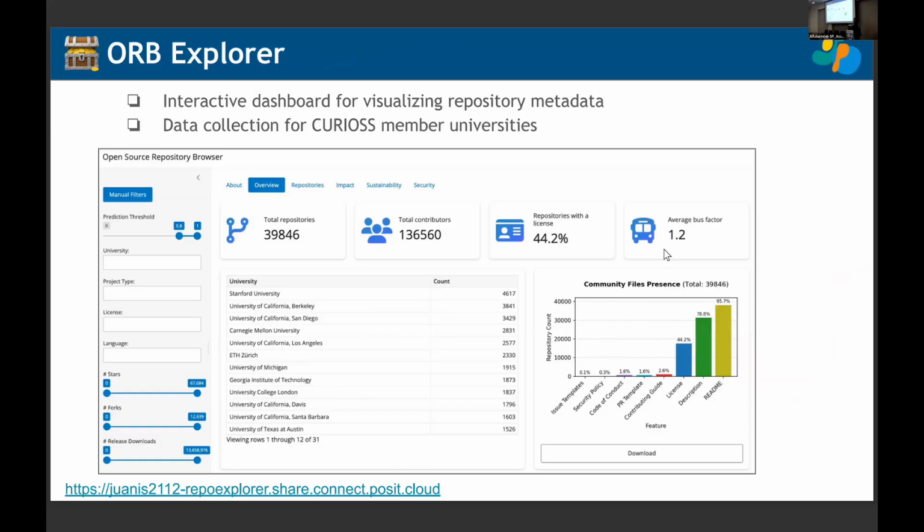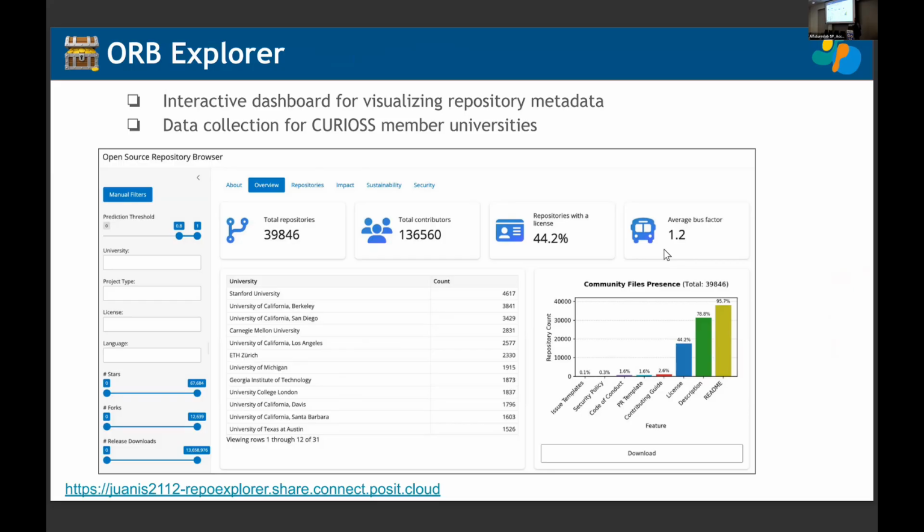So I took all of this data and I built a dashboard, because having a CSV with a bunch of things is not as useful as being able to see grouped data by university, by ecosystem, by anything that you want to figure out, like what you care about. But I didn't do this only with the University of California system.